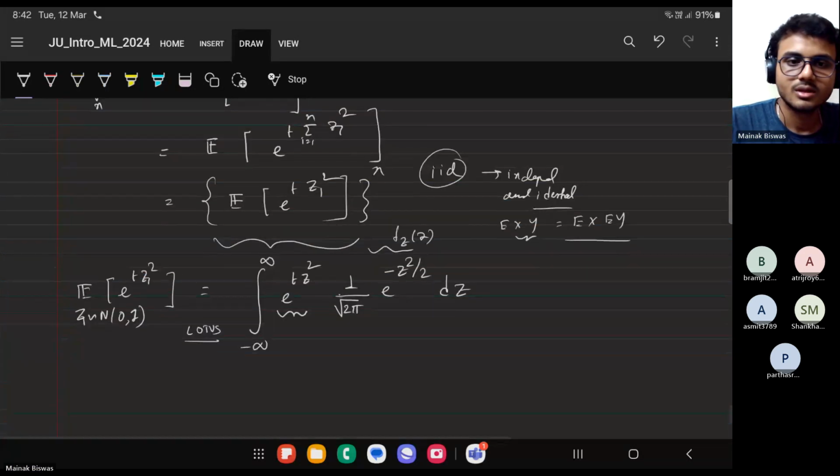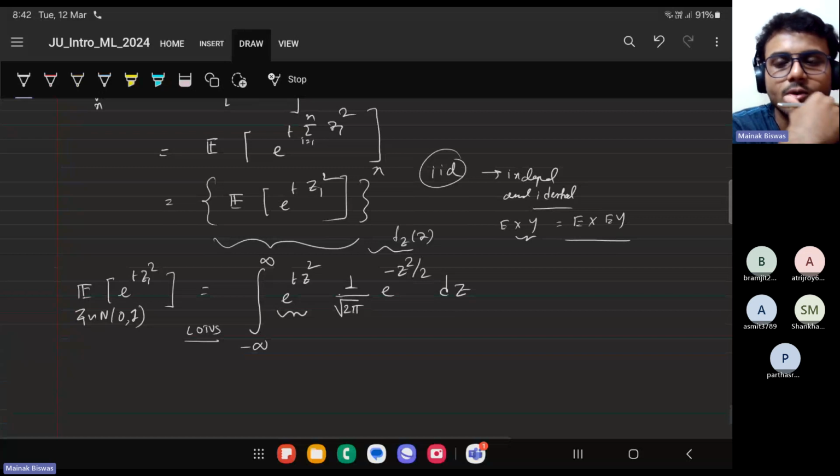Is the expected value clear? If it is not clear, I'll ask a simple question to each of you. First question: what is the function whose expected value we are trying to find? We're trying to find the expected value of e to the power t z1 square. Good. Now, what is the distribution over which we are trying to find the expected value?